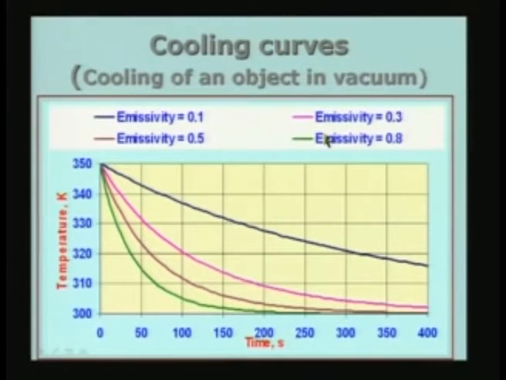All the other parameters, the mass, specific heat and the surface area, are held fixed, and therefore only emissivity changes the cooling curve. You can see the cooling curve for epsilon equal to 0.1, epsilon equal to 0.3, epsilon equal to 0.5 and epsilon equal to 0.8. You see that the cooling is more and more rapid as the emissivity becomes larger.